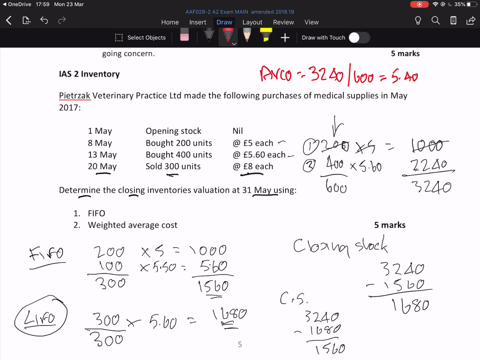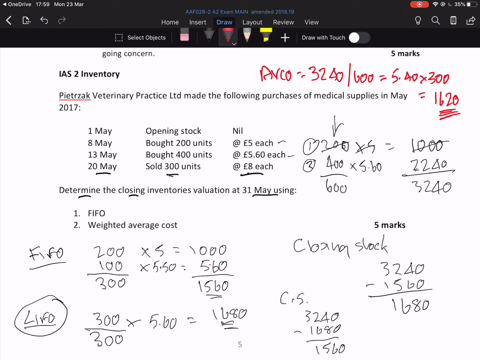So we multiply the £5.40 by the 300 units. So times 300 equals 1,620. So the cost of the issue is 1,620. Same process as we did before.